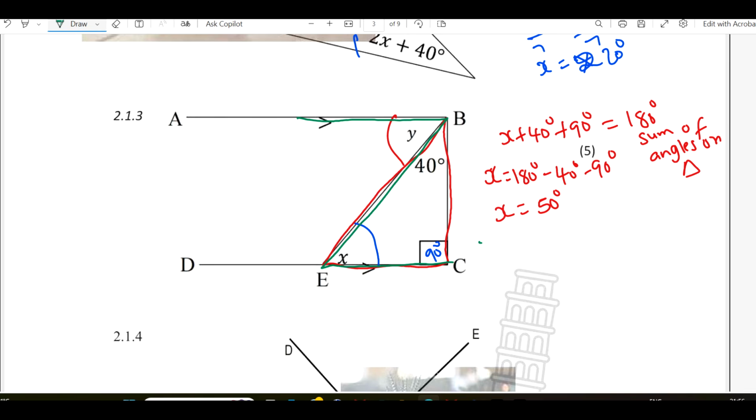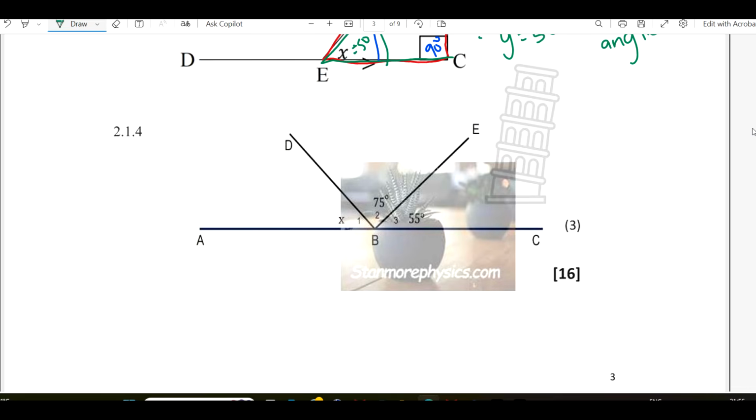My x is 50 degrees. This is a Z. This angle and this angle are equal, meaning that my y is going to be 50 degrees. Reason: alternate angles.